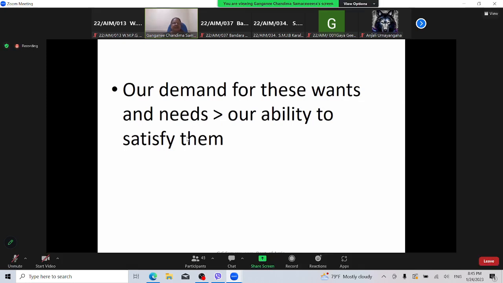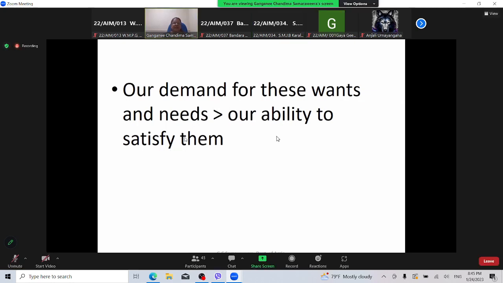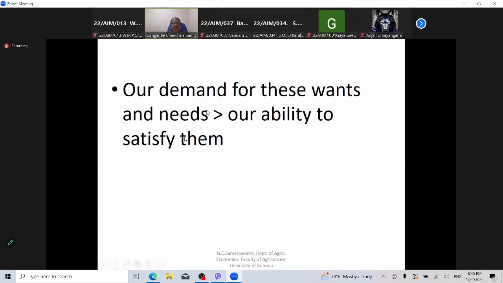Why? Demand for these wants and needs is more. Our ability to satisfy them depends on using resources, because we are satisfying these wants and needs by using resources. Clear? So that's why we can't satisfy all our needs.